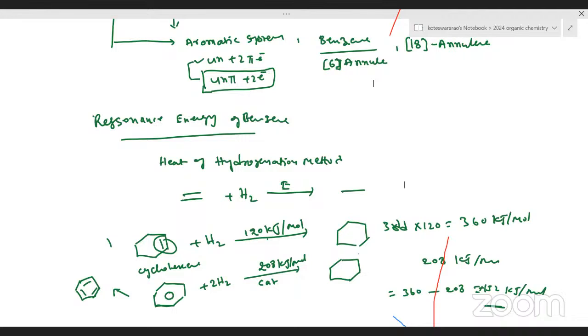That's why we are not taking cyclohexatriene as real. It is only hypothetical, a model only. In reality, benzene is not cyclohexatriene. For calculating the energy consumed for the 3 double bond reduction, we base it on the energy taken by the one double bond in cyclohexene and the 2 double bonds in cyclohexadiene. Based on that, we calculate the third one.